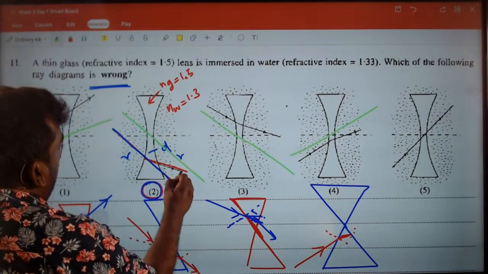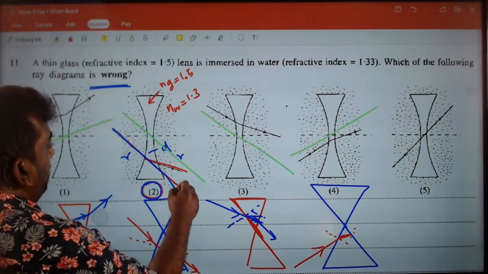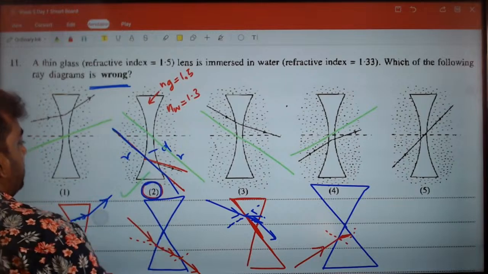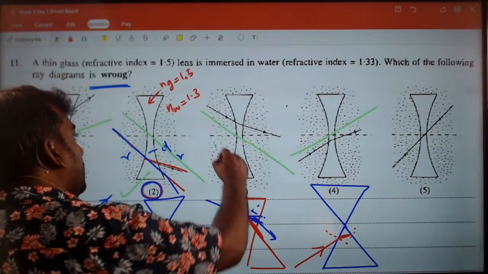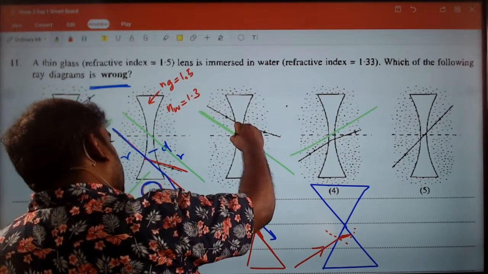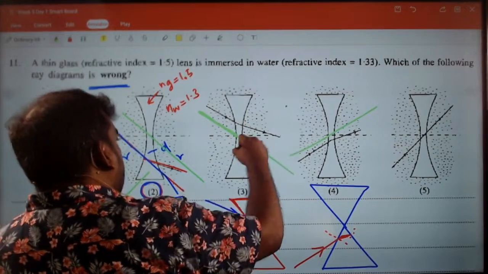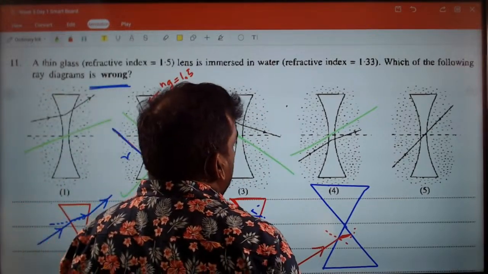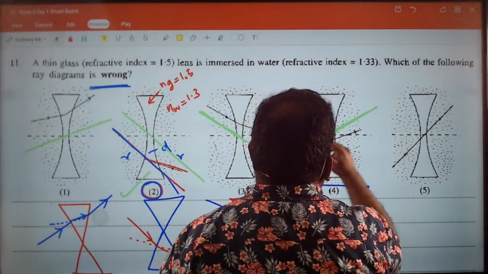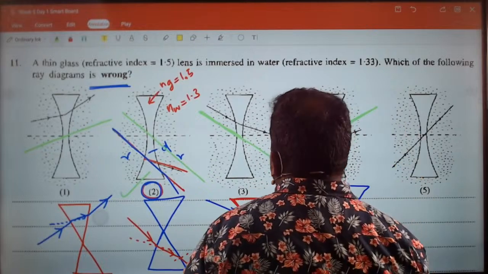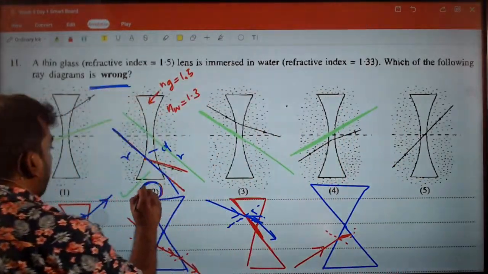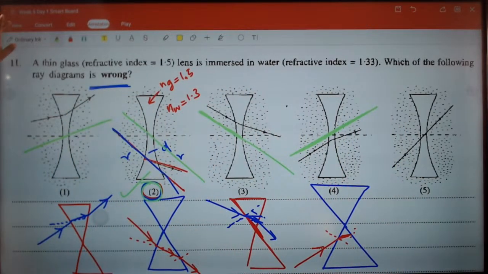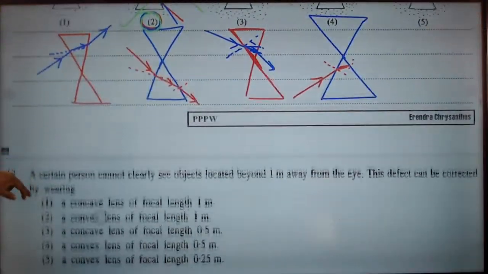Here it's coming towards, it can't come towards, it should go away. This one is wrong. So here also diverging away, correct. Here also diverging away, correct. So your wrong one is this. Answer number 2, right.